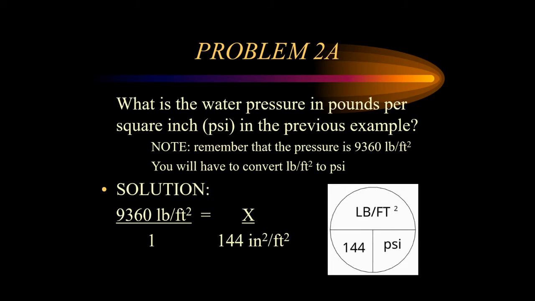So we're going to use a thumb chart for this. Our thumb chart shows us that if I have pounds per square foot and I divide by 144, I end up with pounds per square inch. Remember, cover up the PSI because that's what you're looking for. So if we cover up PSI, we take that 9,360 pounds per square foot and divide by 144, and we end up with 65 PSI, which is well within the 35 to 100 pounds per square inch that most city water systems operate under.